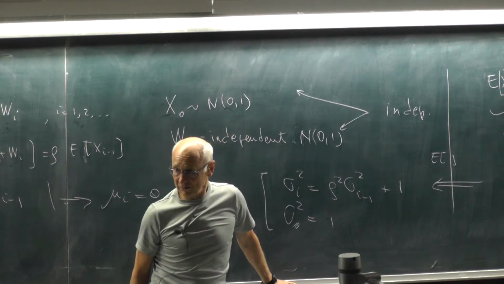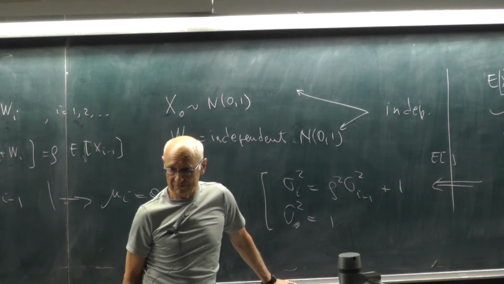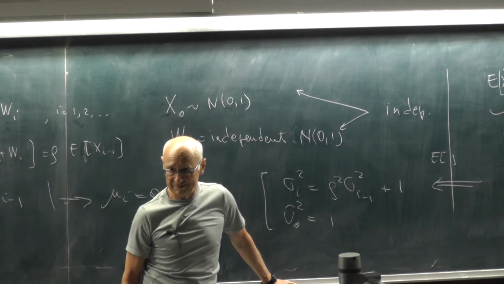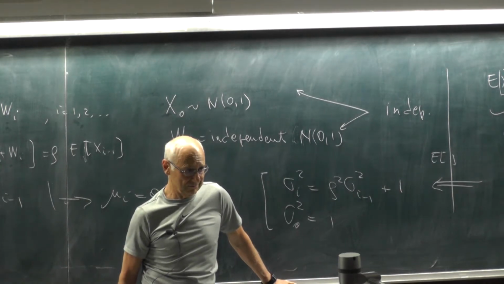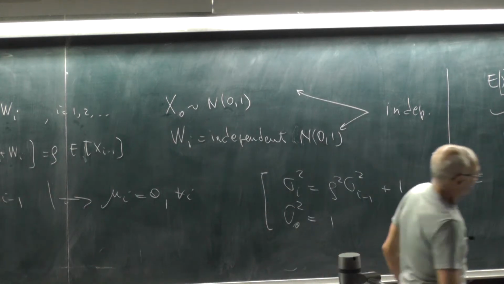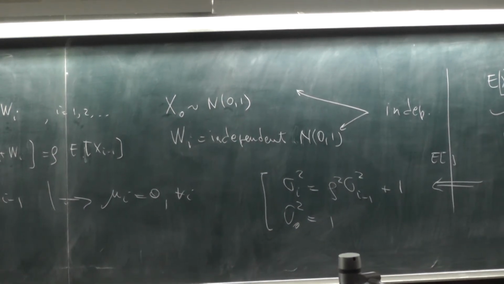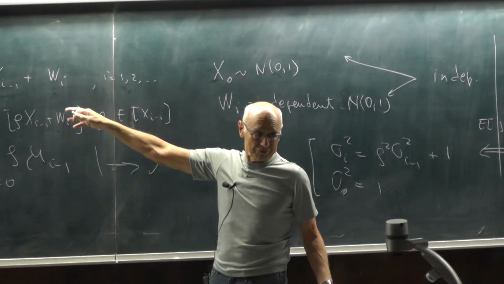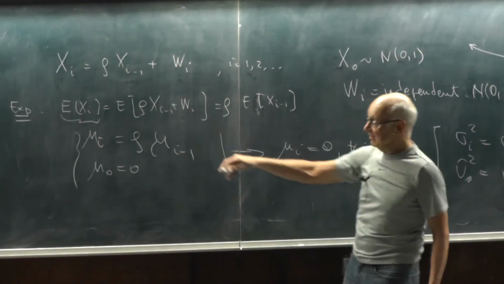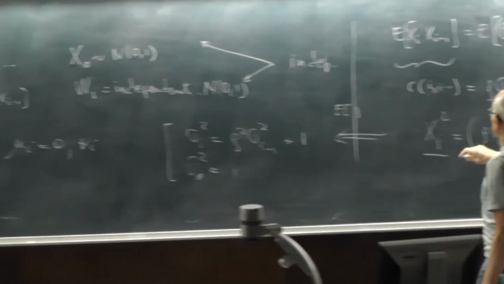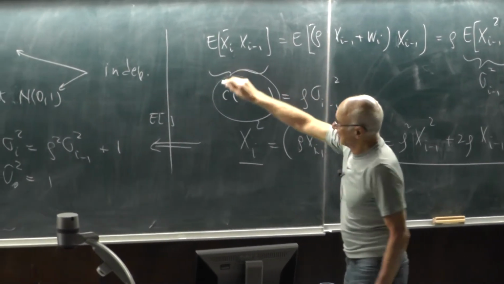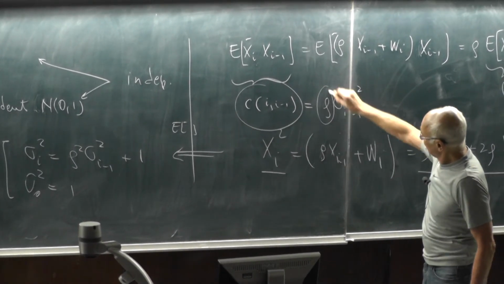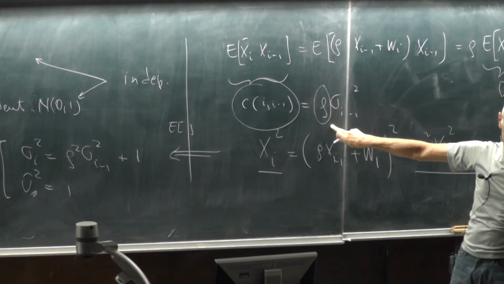Rho squared plus 1 for sigma_1, right? And keep going like this, and you can get the whole thing. Why did I get into this? For 2 reasons. First, to practice a little bit with this correlation, to reinforce what we did before, how to calculate it, and to show you that the correlation for this type of autoregressive sequence decreases with rho.